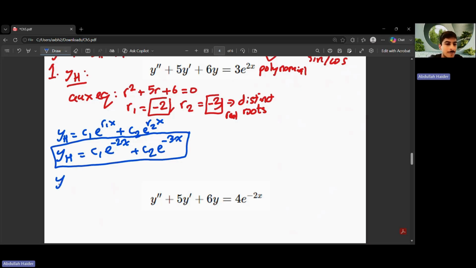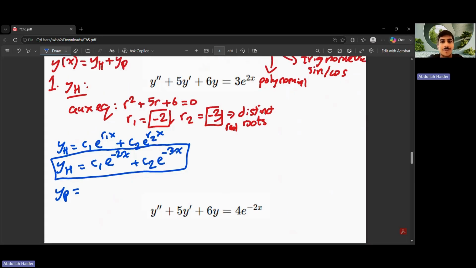Now we need to find yp, which is the particular solution. And for the particular solution, if we have an exponential on the right side, we take a constant a, and we write beside it what we have here on the right side. So yp will be a e power 2x.